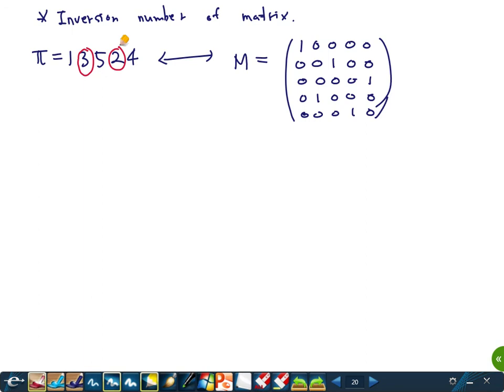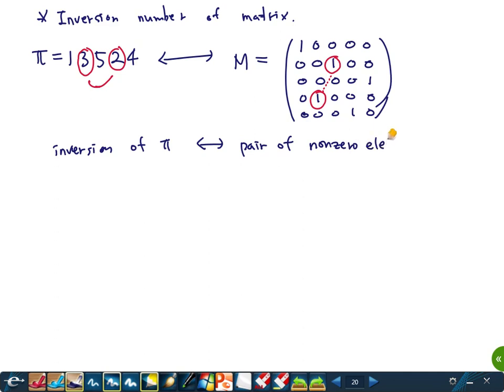Let's look at the corresponding elements here. 3 is this, 2 is this. So this inversion corresponds to a pair of nonzero elements in this relative order. So here, an inversion of pi corresponds to a pair of non-zero elements in this relative order.